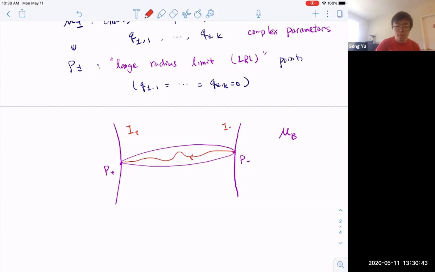And so that's how they show that the U takes I minus to I plus. And then they compared this with the Fourier-Mukai transform by pulling back to all the toric fixed points and just computed their coefficients. And yeah, so that's how their work is done.